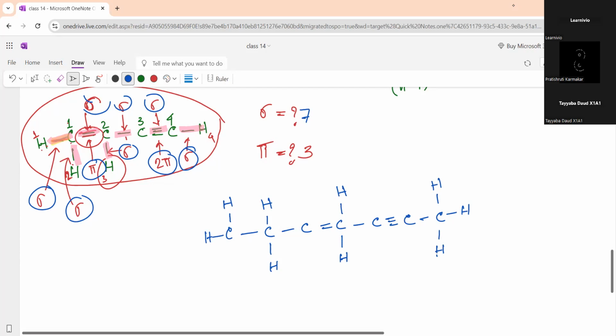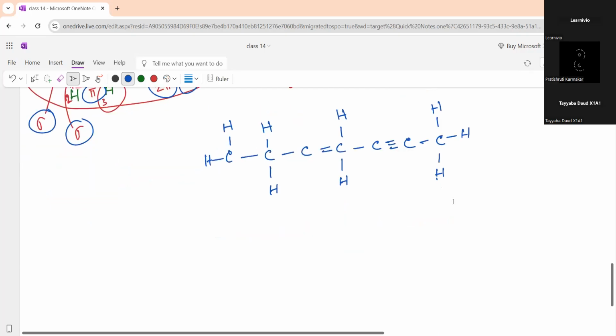Now check the molecule I have given you and tell me if the valency for all the carbons has been fulfilled.